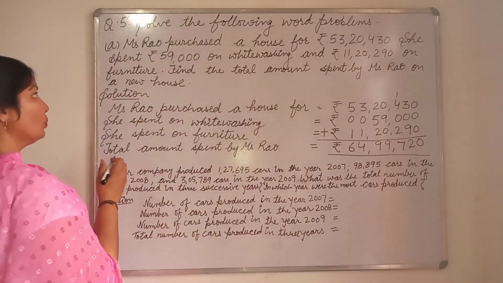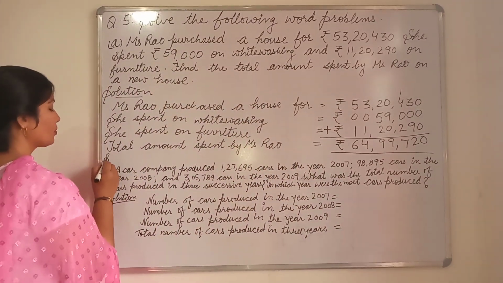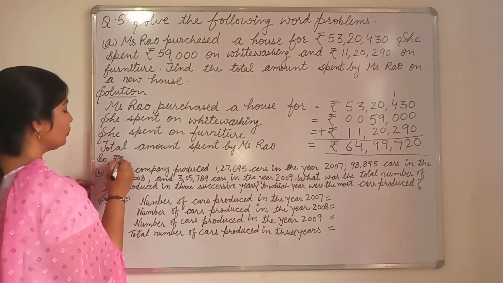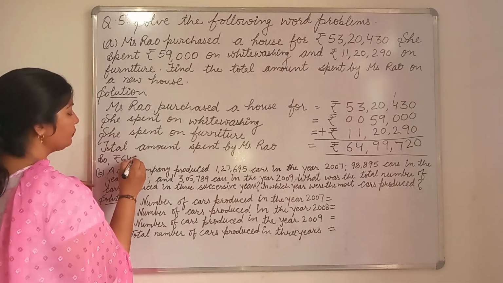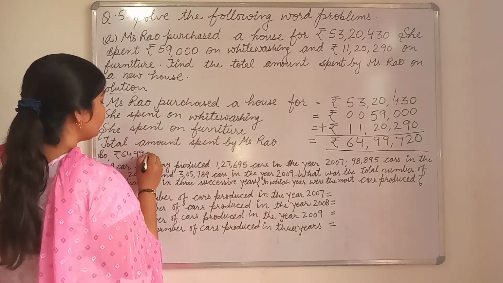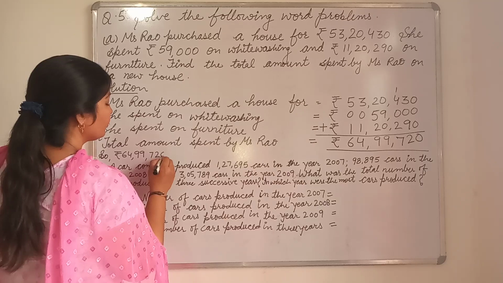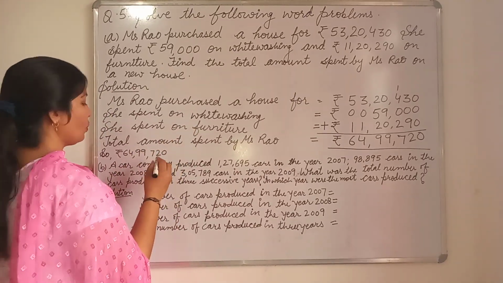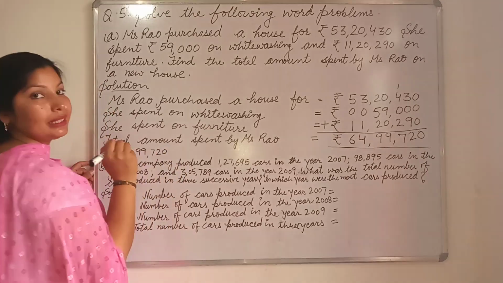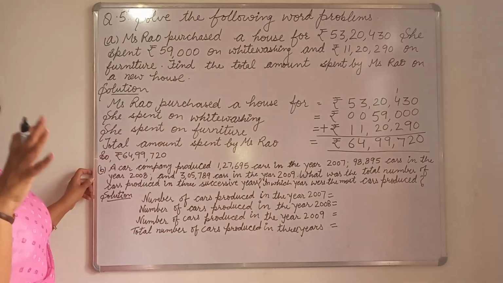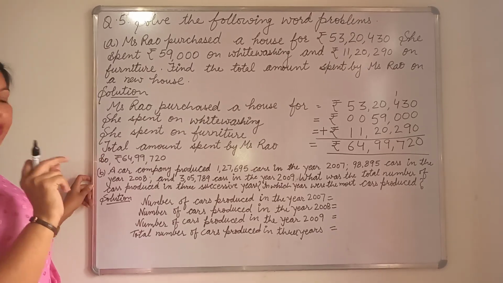So we write here rupees 64,99,720, she spent on house. Miss Rao spent on house. Amount spent by Miss Rao. Any type of sentence you can make.